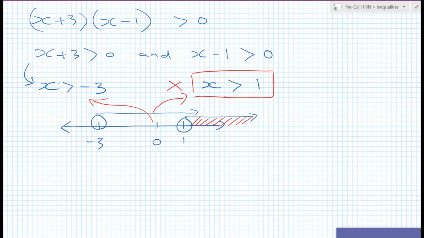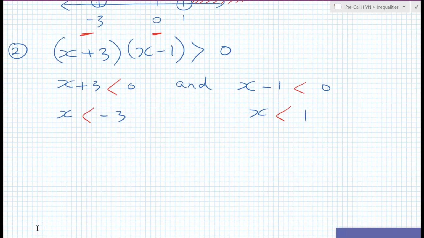Okay, so now we're going to look at the second case. So x plus 3 times x minus 1 is greater than 0, but each of these brackets must be less than 0. So these parts are related to each other. The negative part tells you that the inequality is less than 0.